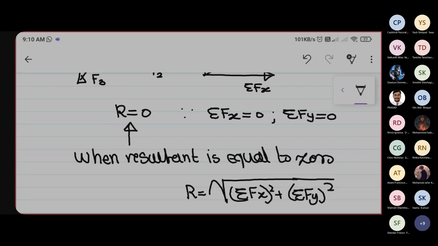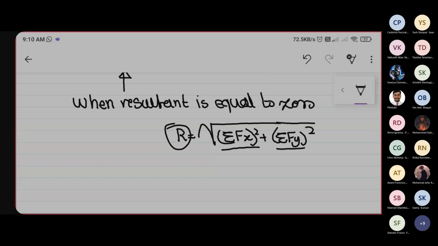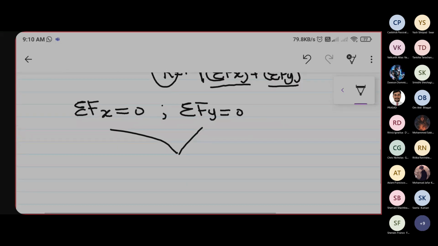If this needs to be 0, both should be 0. The negative sign also will not affect it because it is a square. So the only chance of getting R equal to 0 is that both should be 0. From here we understand that when a body is in equilibrium, we need to have this condition: the summation of forces in the x direction is equal to 0 and the summation of forces in the y direction is equal to 0. These two conditions are called the equations of equilibrium.